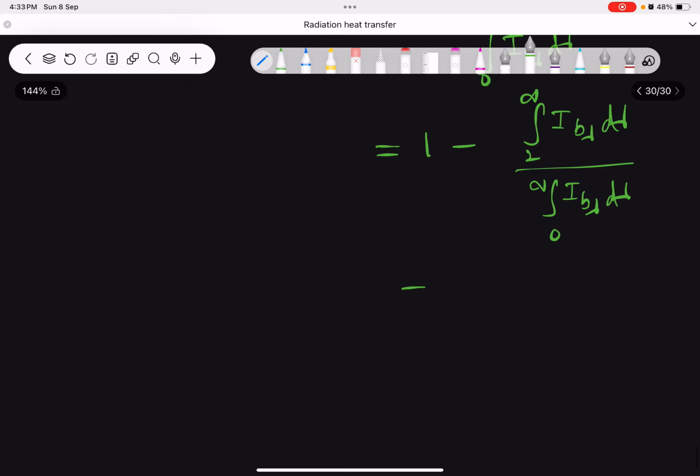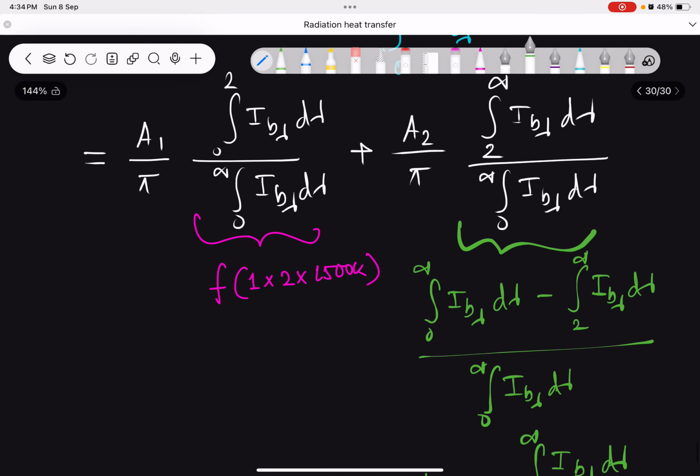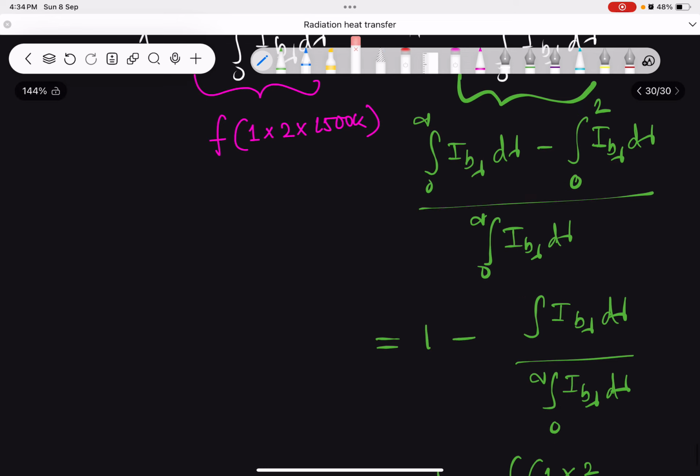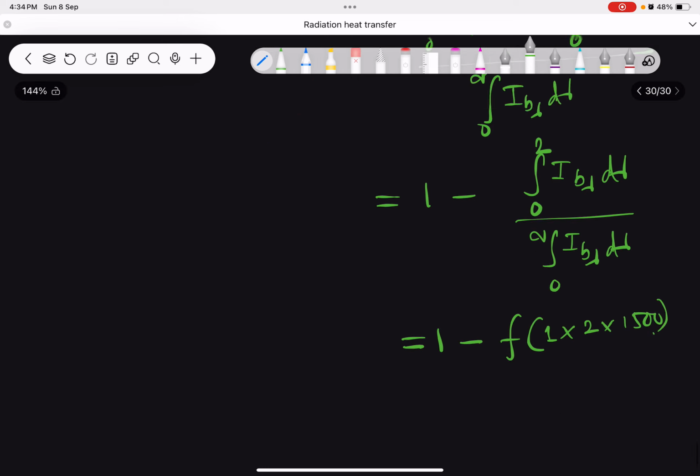That means this is equal to 1 minus f of n lambda T, n equal to 1, lambda equal to 2. Sorry, I have written it a bit wrong. This is not 2 to infinity, this is 0 to 2, this is also 0 to 2, still 1 into 2 into 1500.